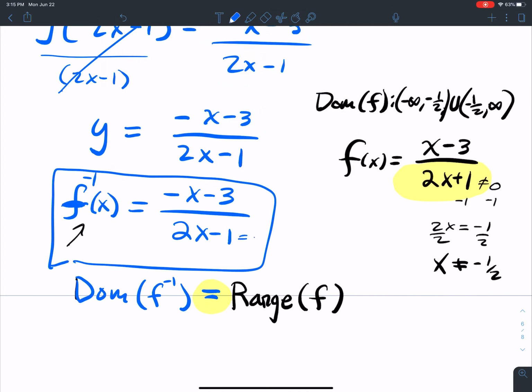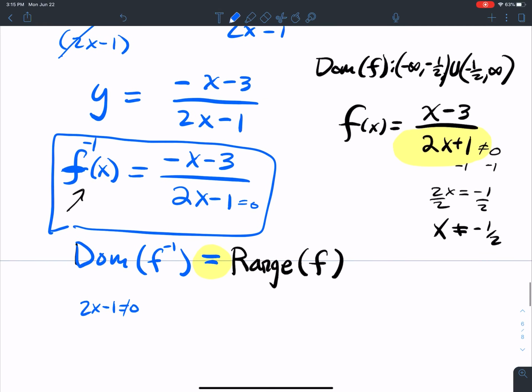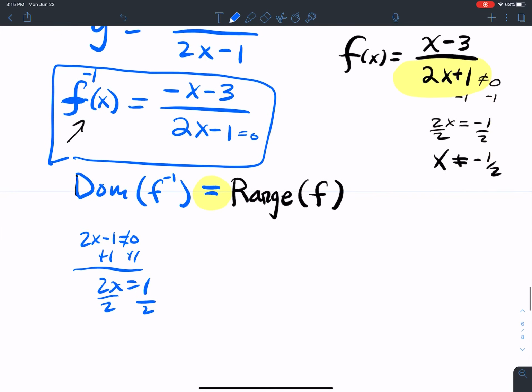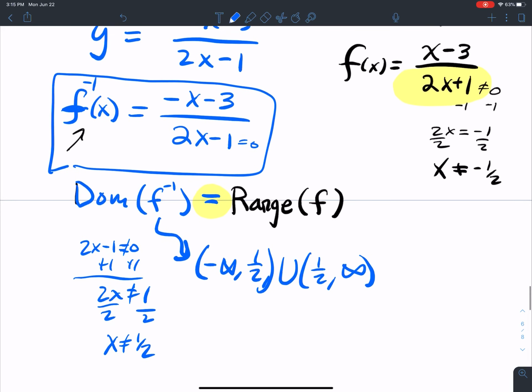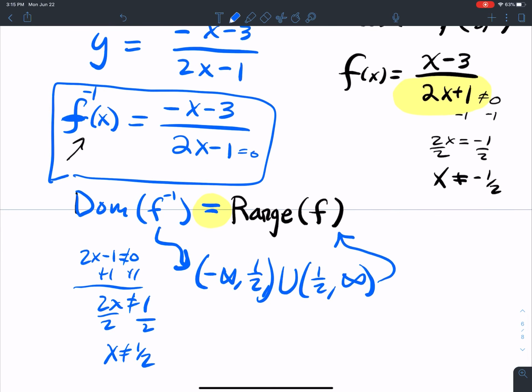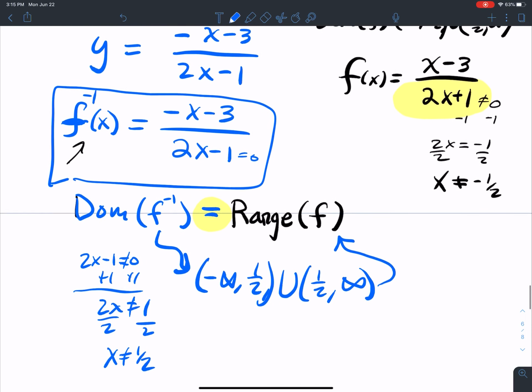I set the denominator equal to 0: 2x minus 1 equals 0. This is what you can't have, so I'm going to add 1. I get 2x equals 1, divide by 2. So as long as x doesn't equal a half, we're good to go. So what is the domain of the inverse? Negative infinity to 1/2, and then from 1/2 to infinity. So that is equal to the range of the original, right?